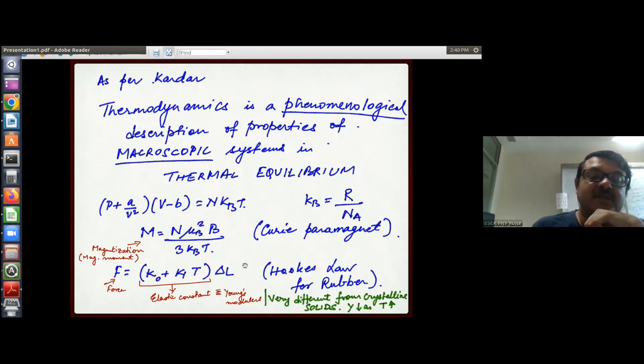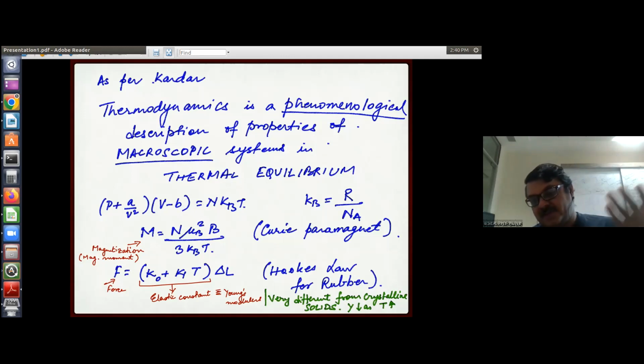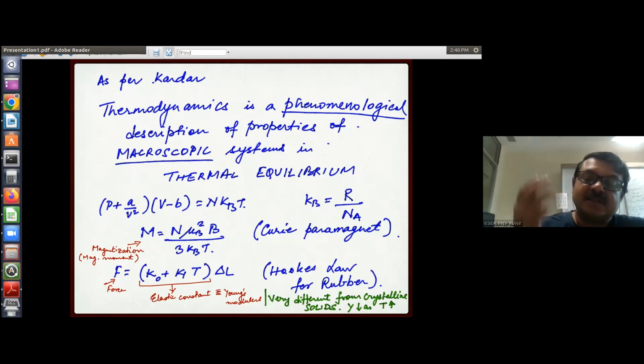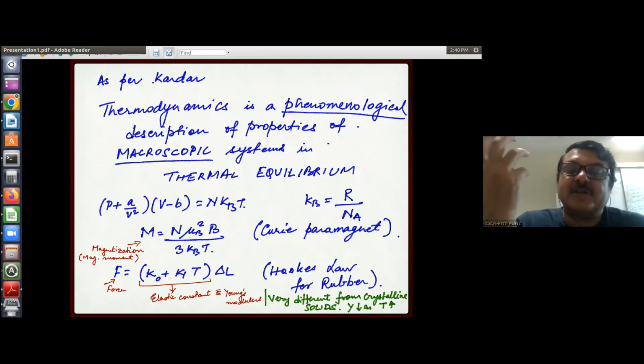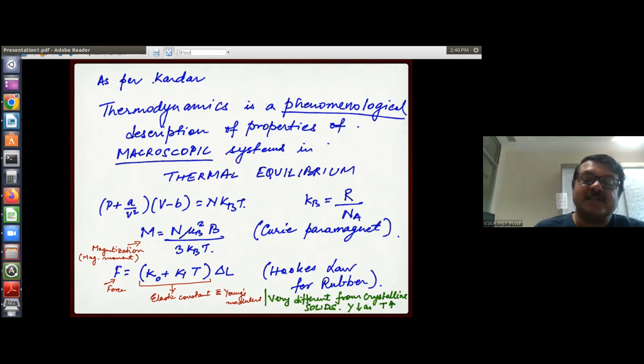So this again can be derived microscopically, and it will be done in the soft matter course. But I want to stress that this Hooke's law for rubber is very different from standard crystalline materials. If you increase the temperature of some crystalline solid, then actually the system becomes softer. There are more phonons, there are more vibrations, and you need less force to deform it by a certain L. But here rubber is behaving very differently.